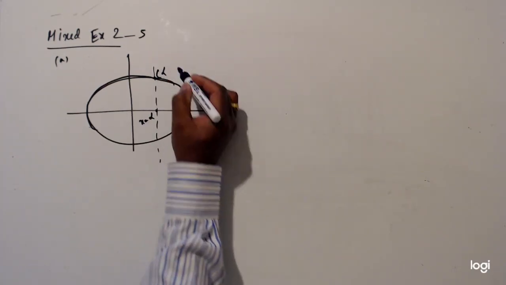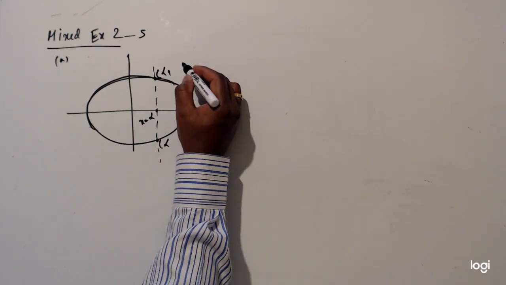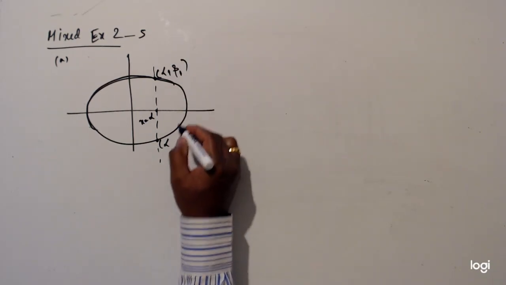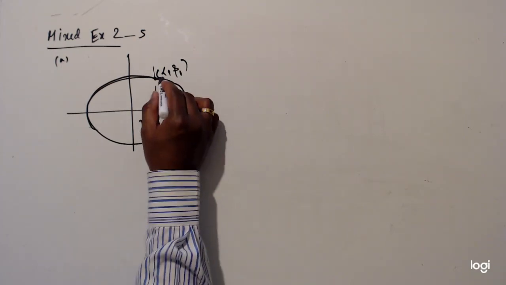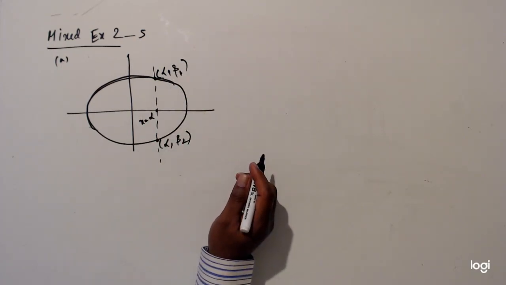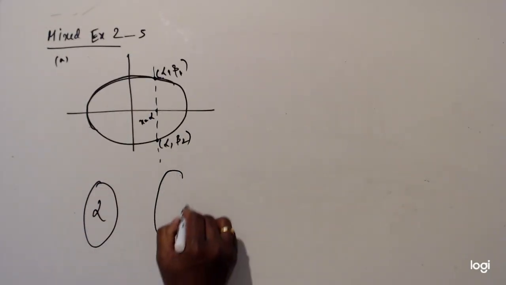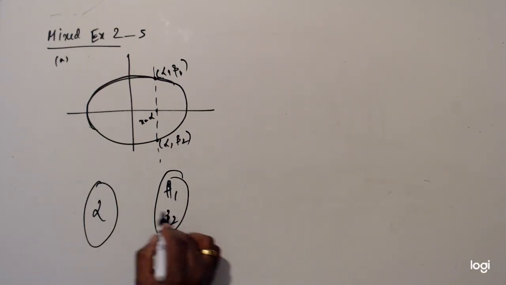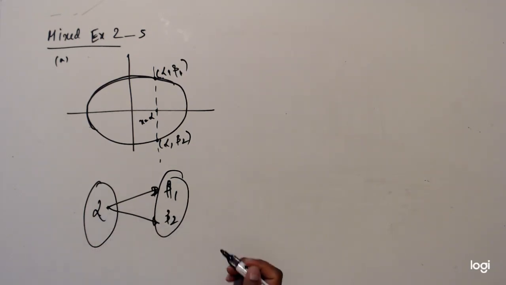So this is alpha. This is also alpha, an intersection point, but this is beta 1 and this is beta 2. So same alpha, there are two y values. So same one alpha, we have two y values, beta 1 and beta 2. So this is one to many.